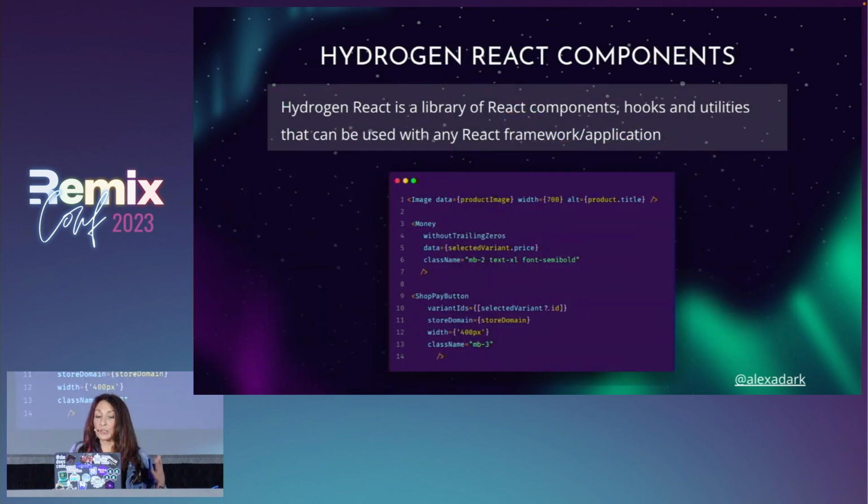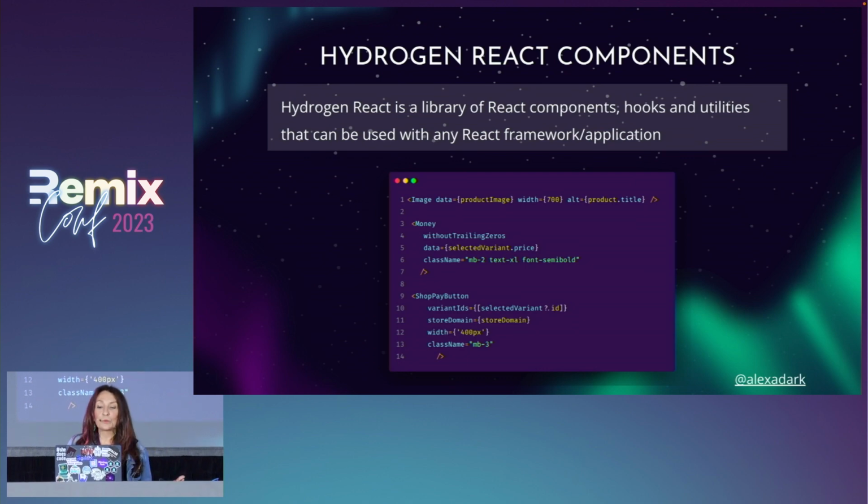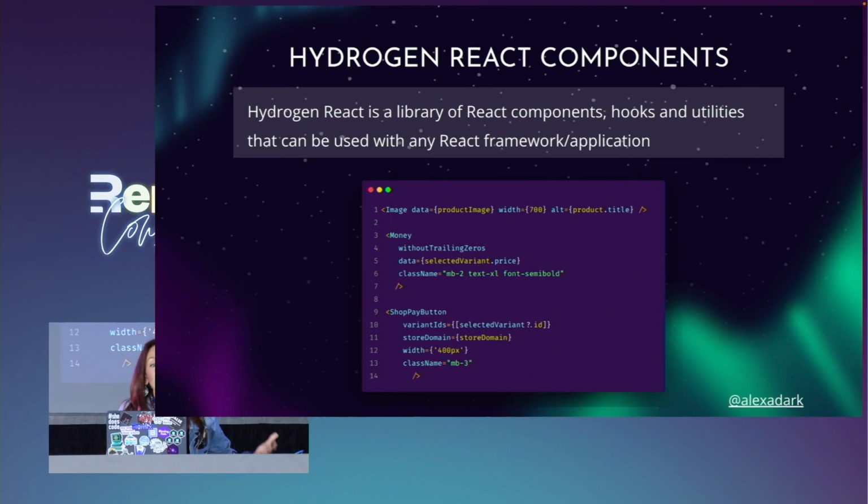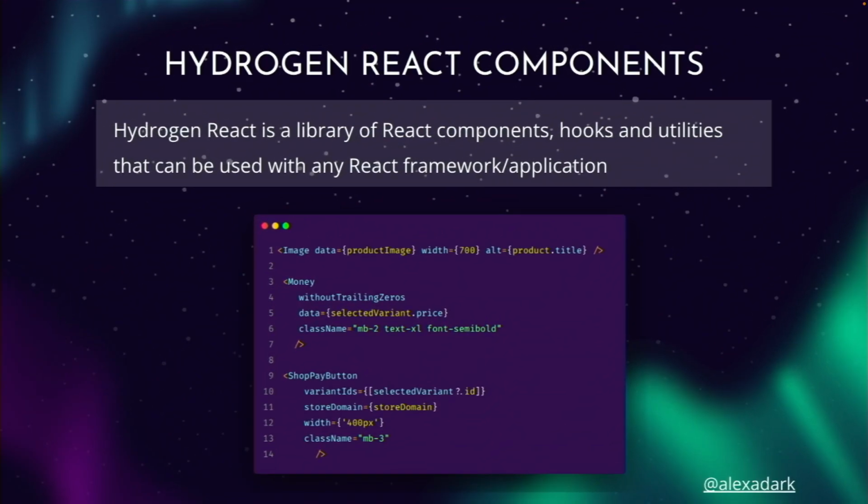Then also Hydrogen has a library, Hydrogen React, of React components, hooks, and utilities that can be used with any React framework or application. So, for example, if you are with Next.js, because the application was there, because if not, I don't know why you would not use Remix, which is better, in my opinion.